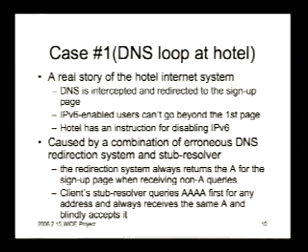The problems are as follows. DNS is intercepted and redirected to the sign-up page. IPv6 enabled users can't go beyond the first page. The hotel has an instruction for disabling IPv6. It is caused by a combination of an erroneous DNS redirection system and stub resolvers.